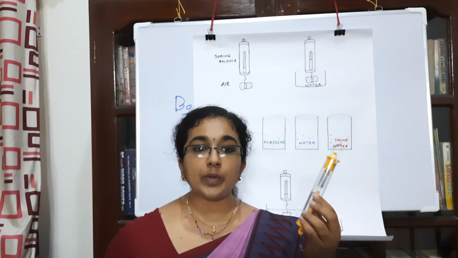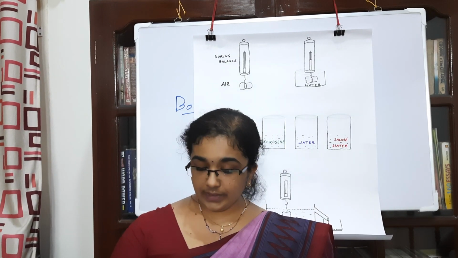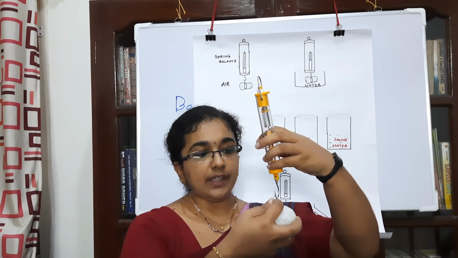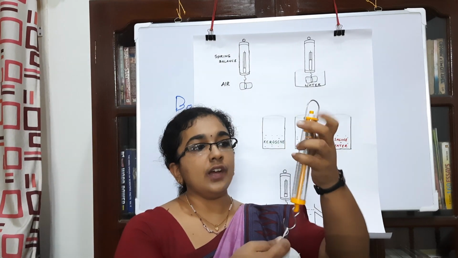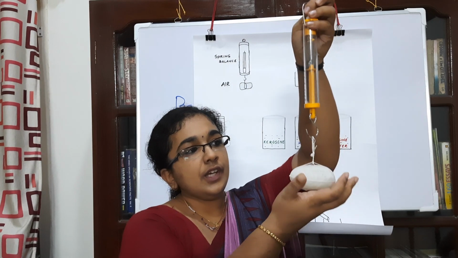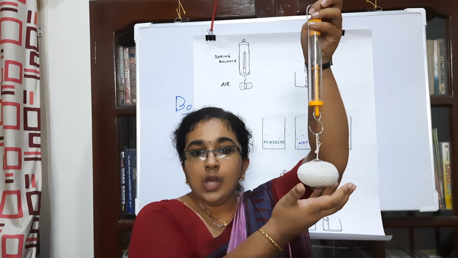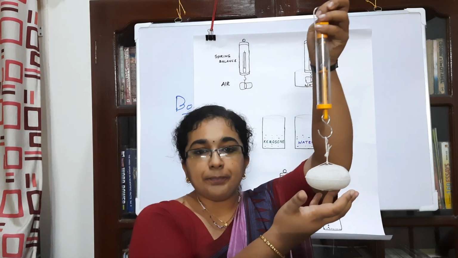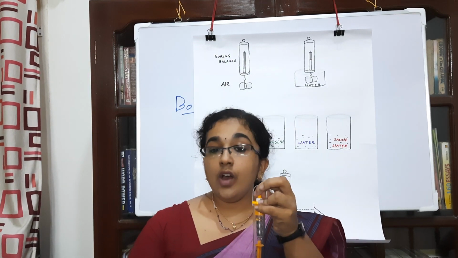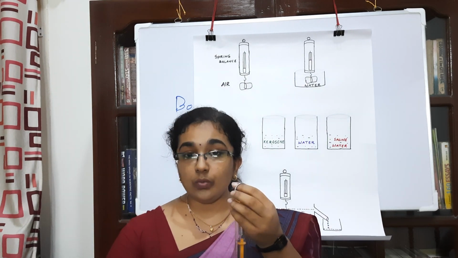This is a spring balance that is calibrated in Newton. Now, you can find out the weight of the stone by hanging it like this. By using the spring balance, you can measure the weight of this stone. Now, what you have to do after this is find the weight of the stone when it is immersed in water.